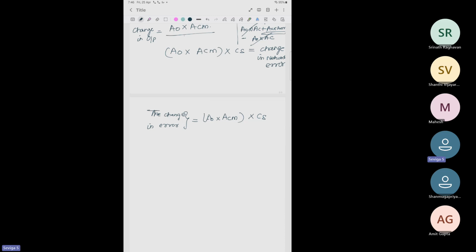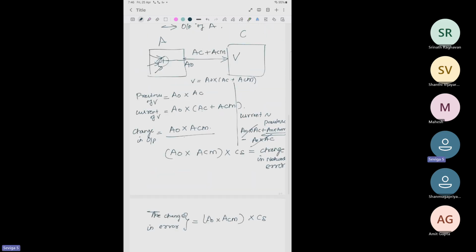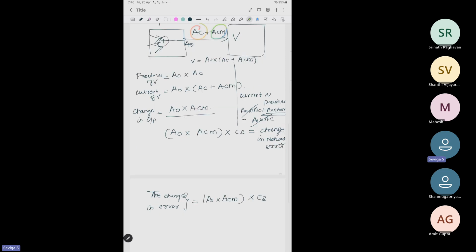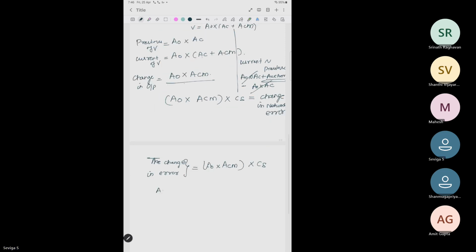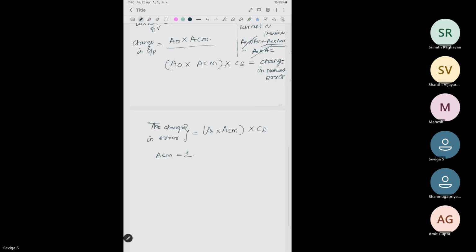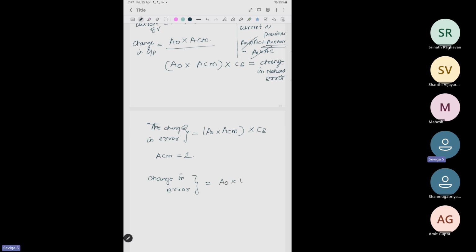Previously some weight AC was present. We are adding some new weight ACM, and let this value be ACM equal to 1. So how much will the change in error be? Then the change in error will be A naught into 1 into C delta, that is A naught into C delta.